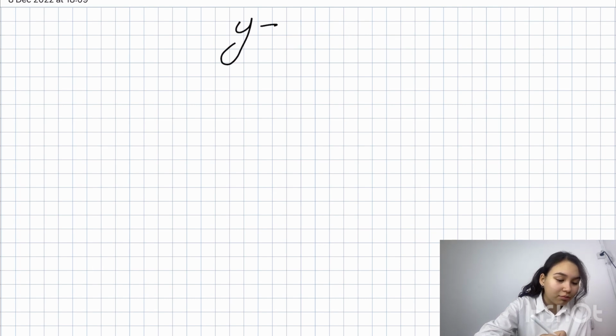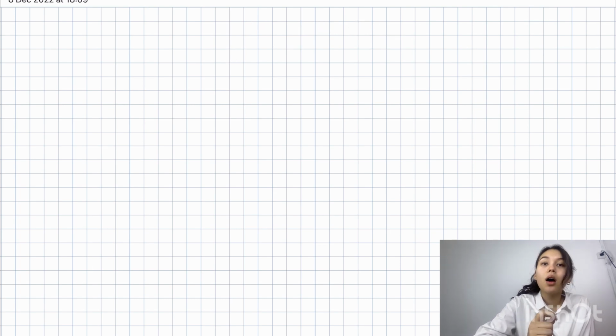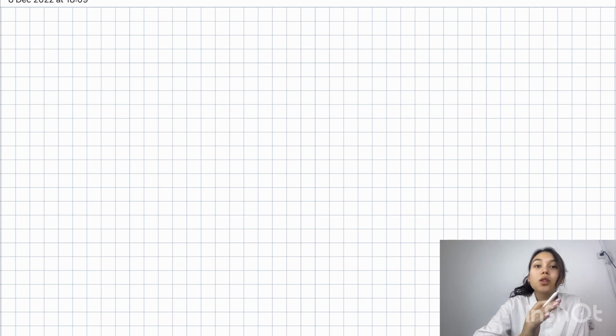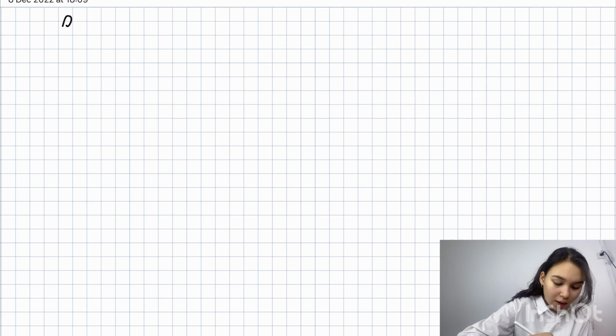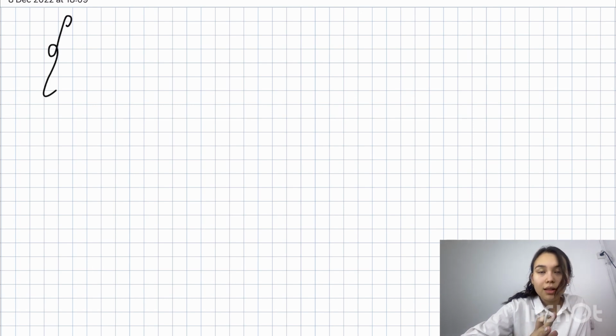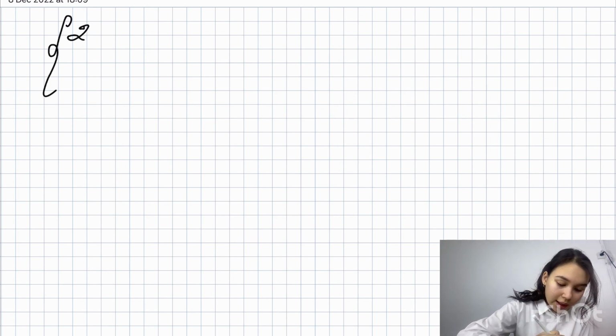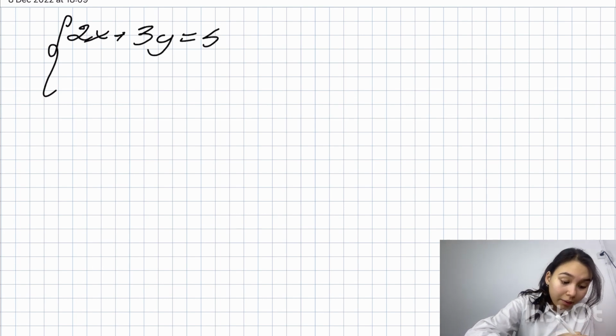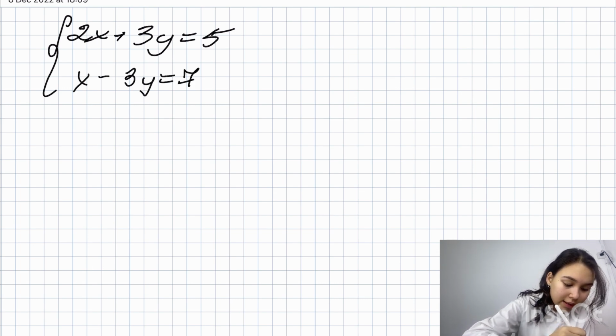Okay, so let's start. Let's solve graphically the set of equations. I will write a simple example: 2x plus 3y is equal to 5, and x minus 3y is equal to 7.